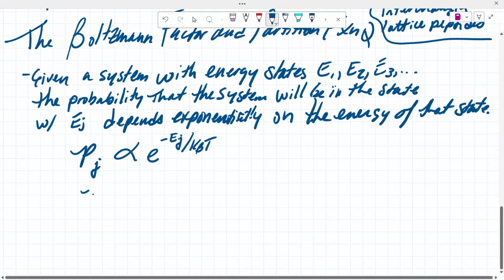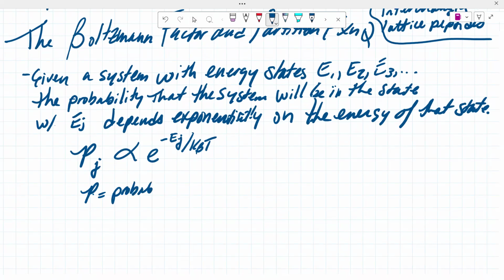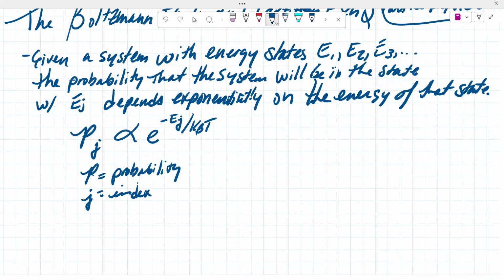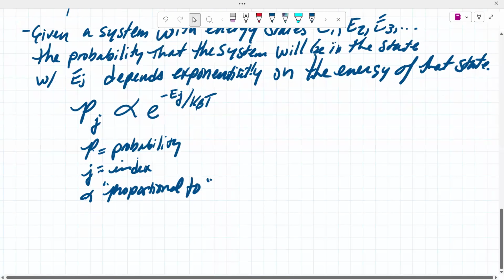P is probability, J is the index, and alpha means proportional to. Proportional to, sort of like an equal sign, but not exactly that.